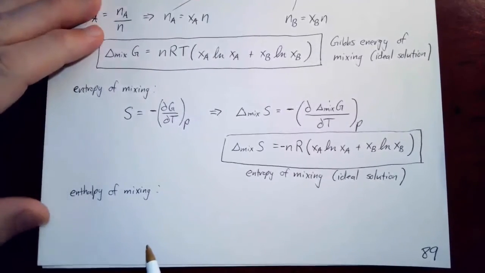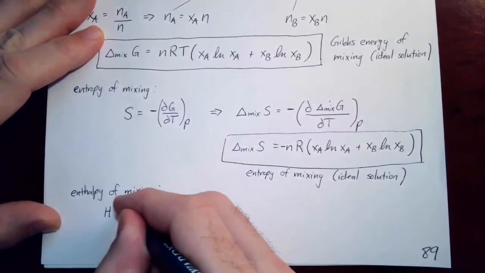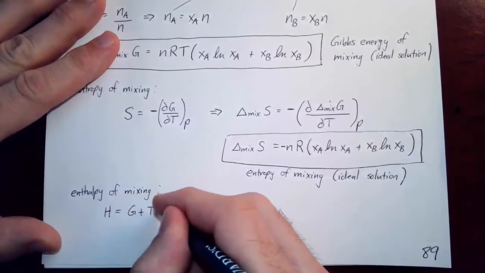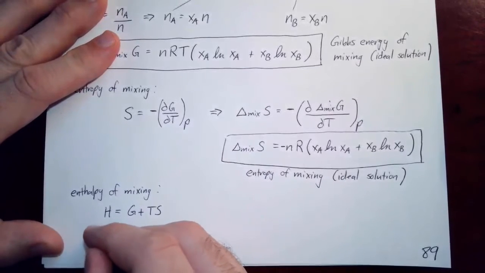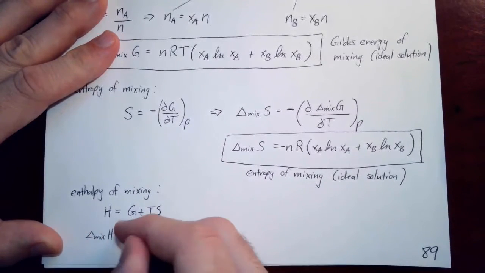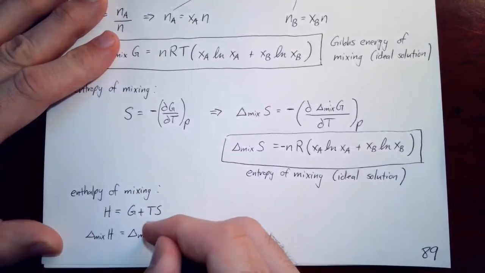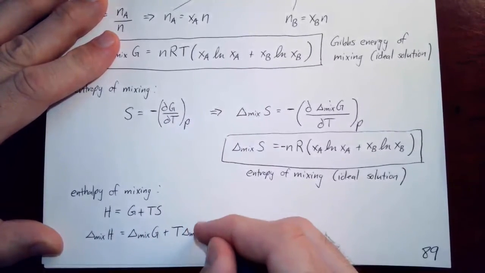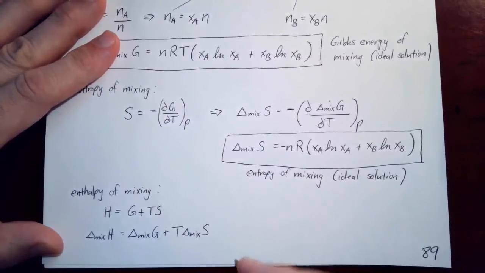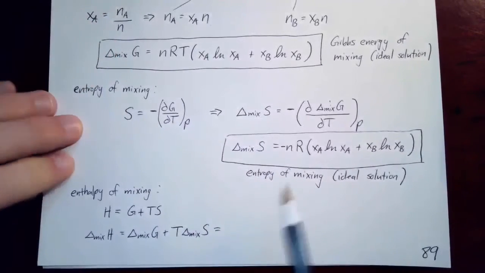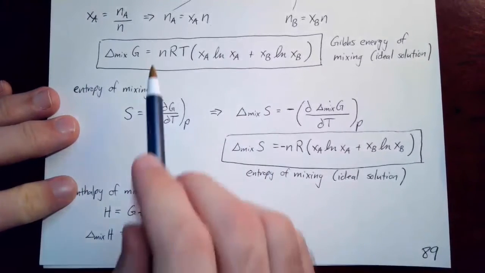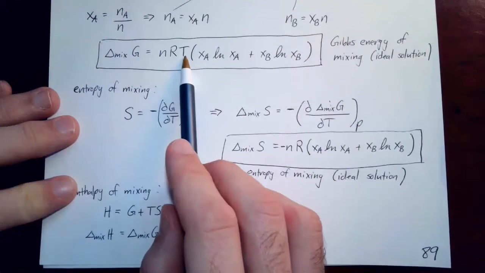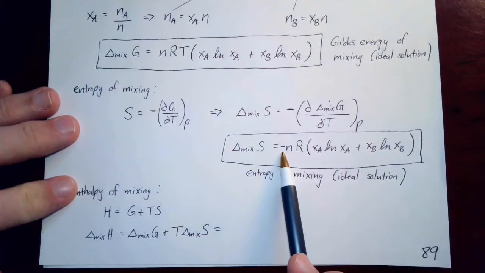Next, we'll talk about the enthalpy of mixing. So enthalpy, remember, is defined as G plus TS. So the enthalpy of mixing will be delta H is equal to delta G plus T delta S. And if we look up here, the only difference between the delta G and delta S is that this one has a temperature, and this one does not, and this one's negative.